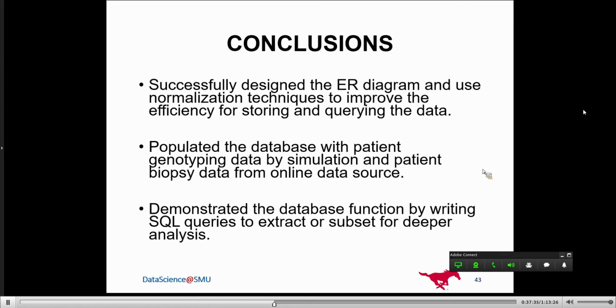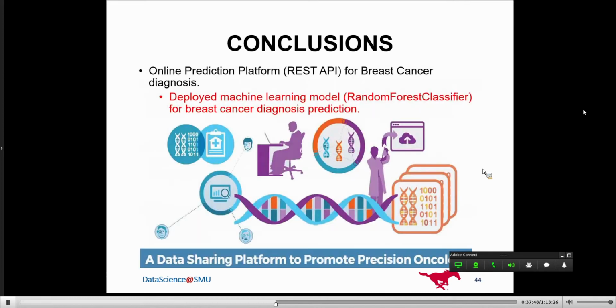Okay. The conclusion is we successfully designed the ER diagram, populated the database, and demonstrated data extraction from the database using SQL queries. We also built an online prediction platform for breast cancer diagnosis. As you see in this figure, there are three parties: the doctor, the patient, and the data scientist.